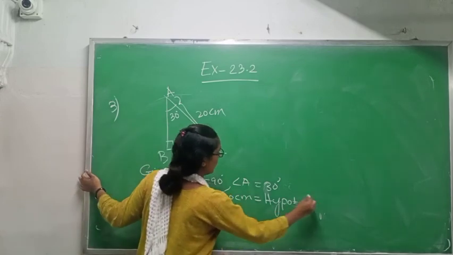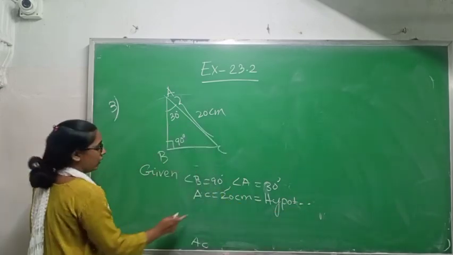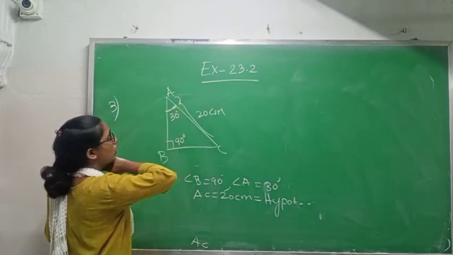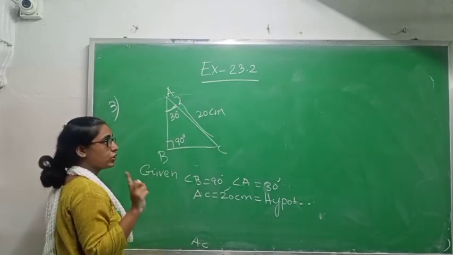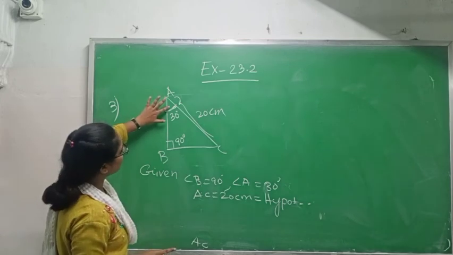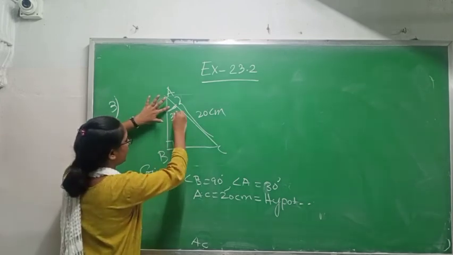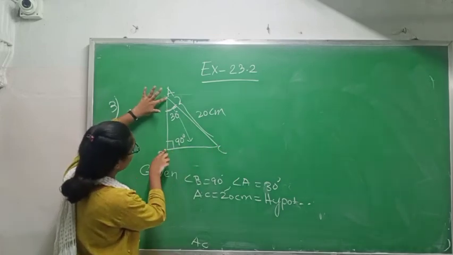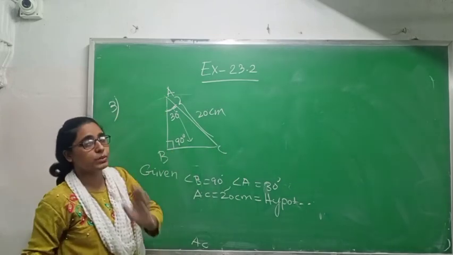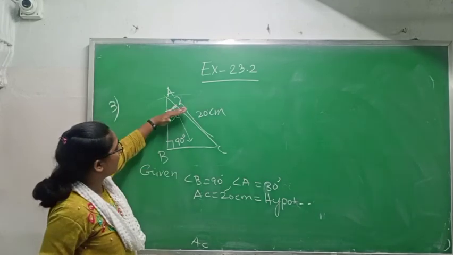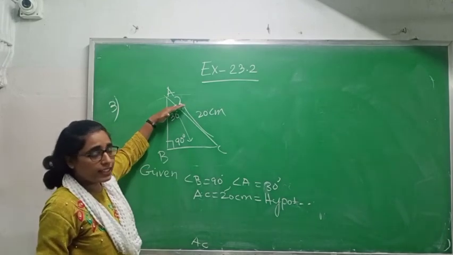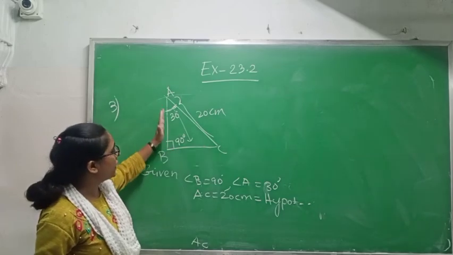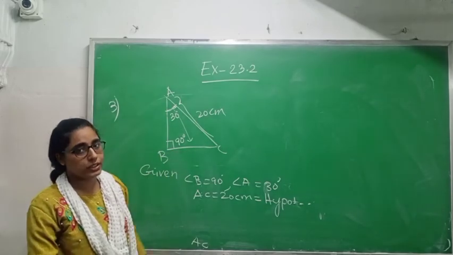Now, I told you in exercise 23.1 that when one angle is given to you, the side opposite to it will be the perpendicular, the other one will be the base, and the hypotenuse will remain as it is.